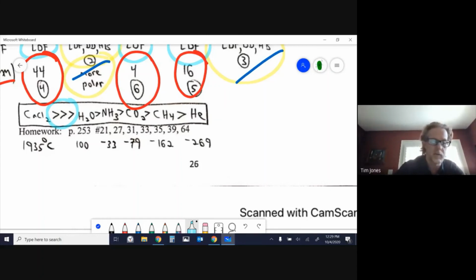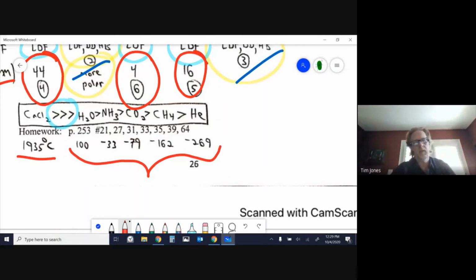And I've actually looked up the values, and if you look at them, you can see 1935 is quite dramatic over the rest. And then the rest all fall into place. You can see that helium, it's just above absolute zero, -273, which means the forces holding it together are amazingly weak.